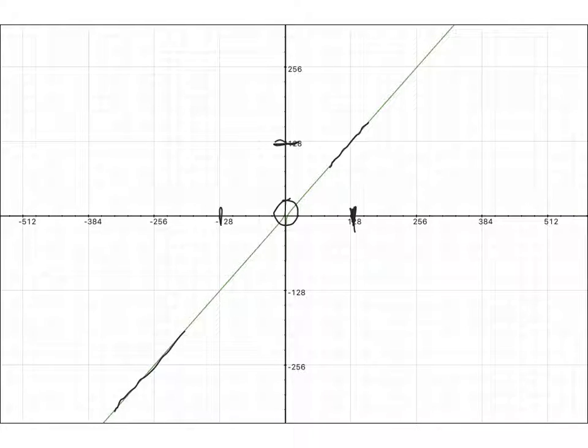We could scale it out even farther and it would look almost identical to the equation of the line, y equals x minus 1. But again, the very inside of it, you can barely see just a little bit of curve in there. And that curve, the vertical asymptote, would be at x equals 1. On this scale, it looks like it's right on the y-axis, but technically it's not.